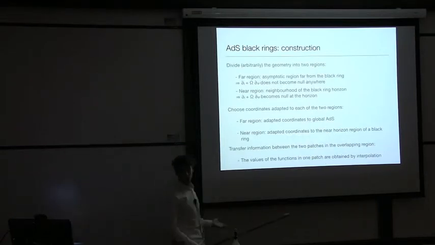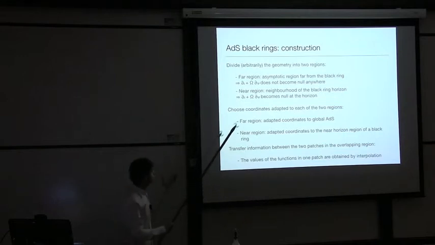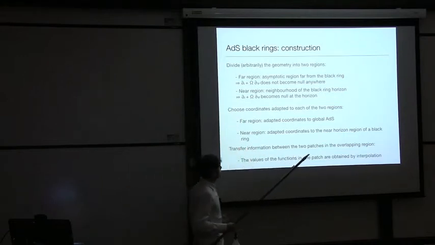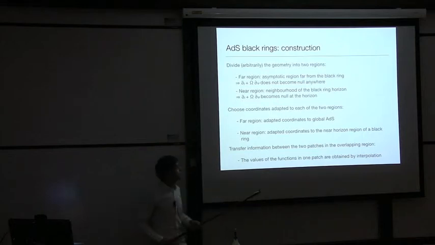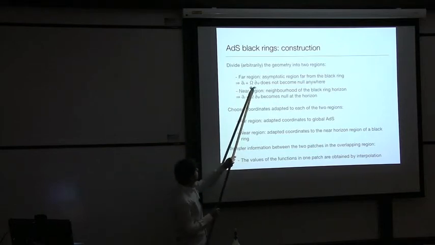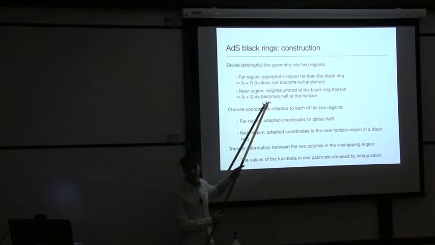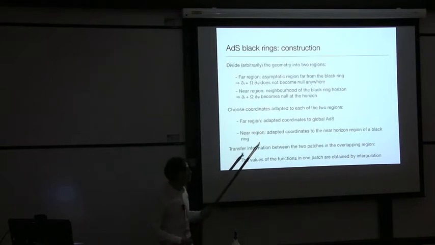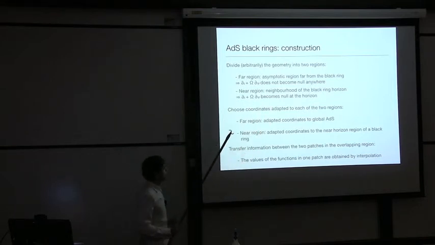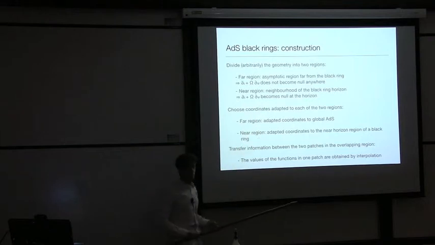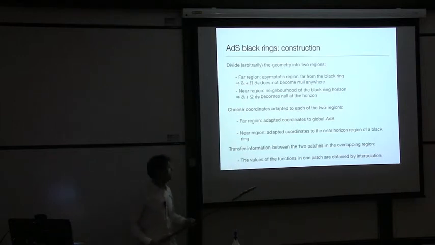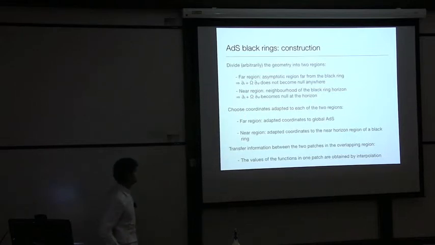So we divide the geometry into 2 regions. One, which I will call the far region, is defined because in this region, the vector which is tangent to the horizon never becomes null, okay? And then on the other hand, we have the near region, which will cover the neighborhood of the horizon, and it's essentially defined by the fact that this vector becomes null precisely at the horizon, and this constant that we have in here is the angular velocity.